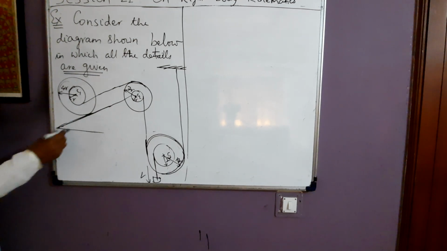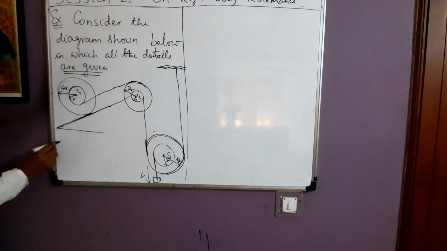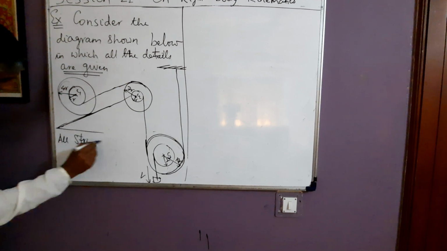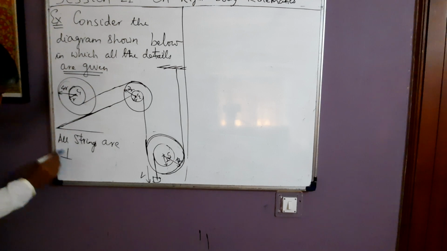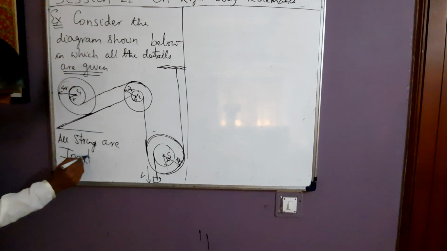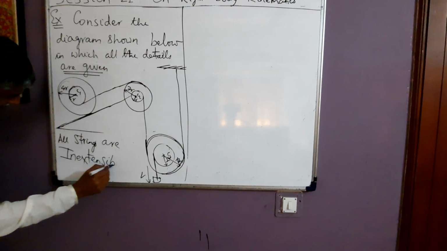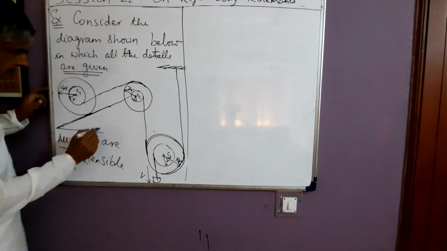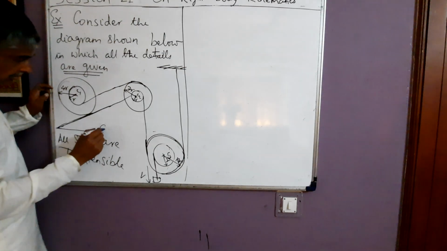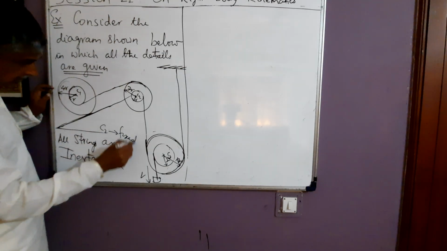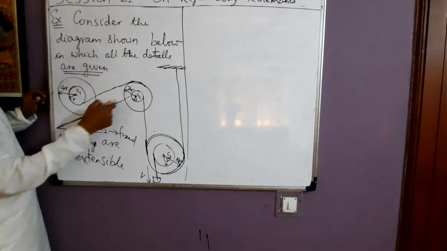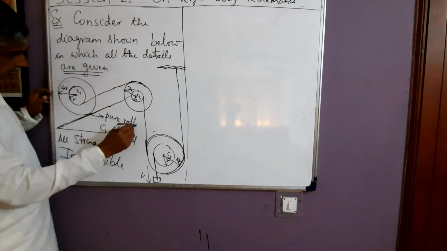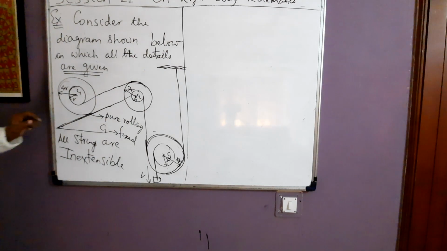Now here all the strings are inextensible. C2 of this double cylinder is fixed. Here, this is a fixed inclined plane. Here, pure rolling takes place.